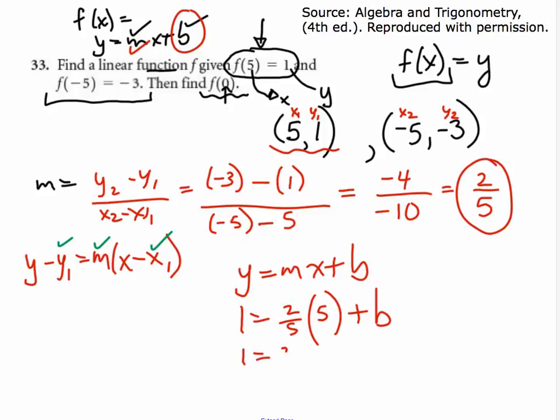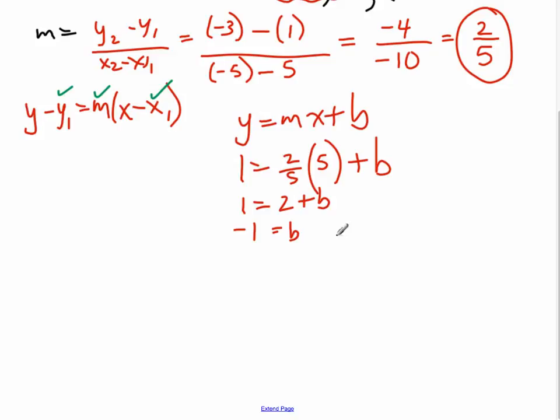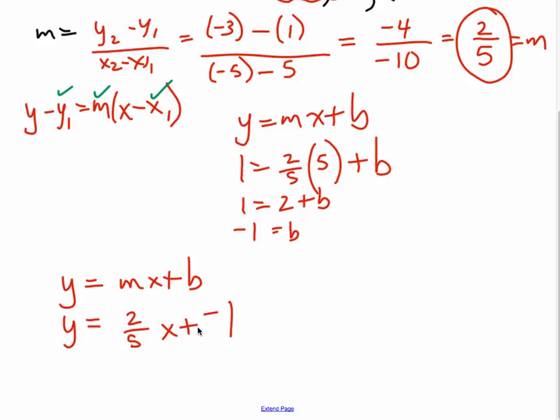So 1 is equal to 2 plus b. Subtract 2 on both sides, and I come up with b is equal to minus 1. So now I have a slope and I have a y-intercept. So I can write my equation. y equals mx plus b. So y equals the slope, that's 2/5, x plus the y-intercept, minus 1. I could have just written minus 1 there.